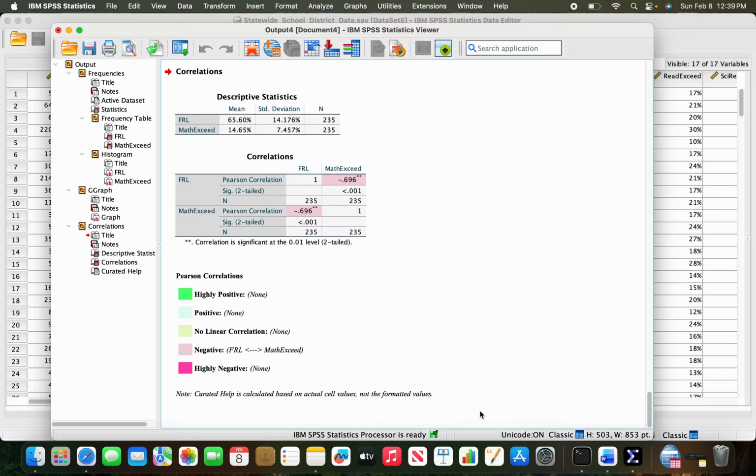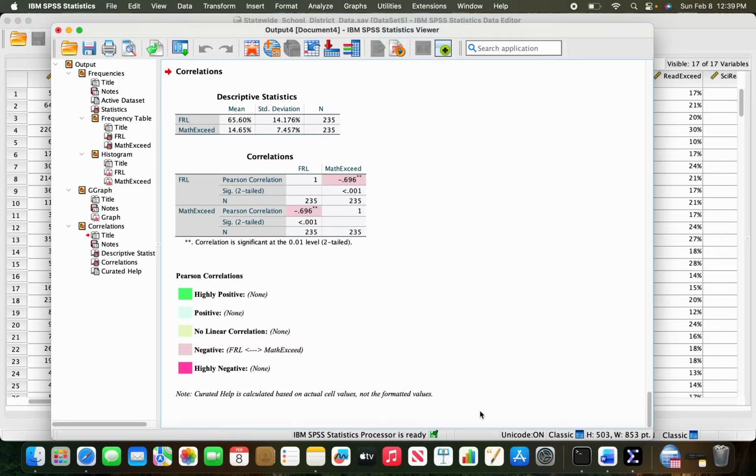What is very interesting related to this is that one of the variables is free reduced lunch. What happens in districts and states that move towards lunch being free for everyone, and breakfast being free for everyone as well?